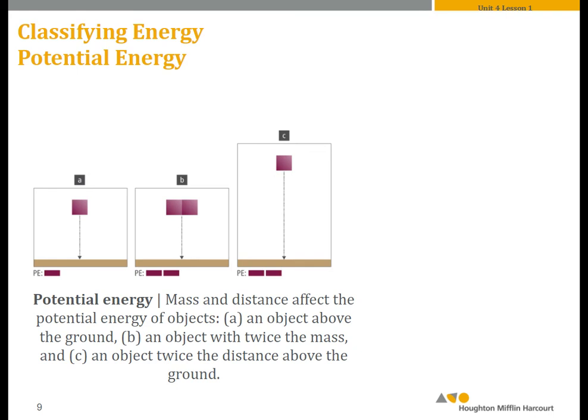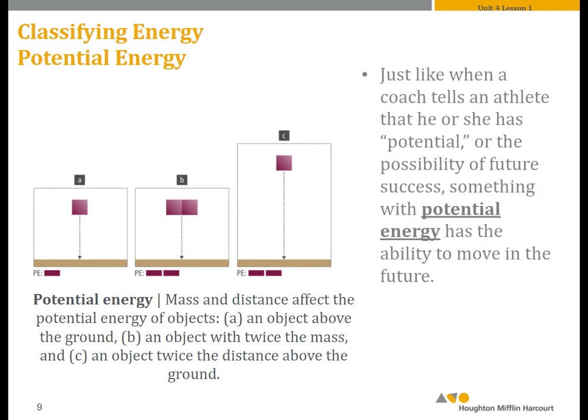So potential energy is not calculated like kinetic energy, where you have one factor that has a much bigger impact than the other factor. We have really 3 factors in potential energy. We have the mass of the object, the height of the object, and then the thing that we don't see here, because it pretty much affects everything else, everything universally.